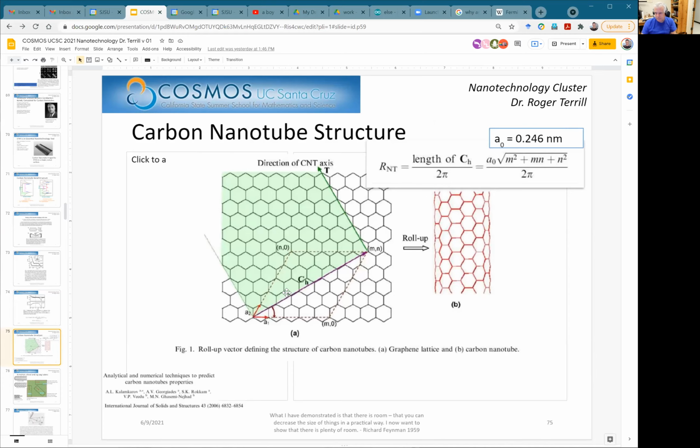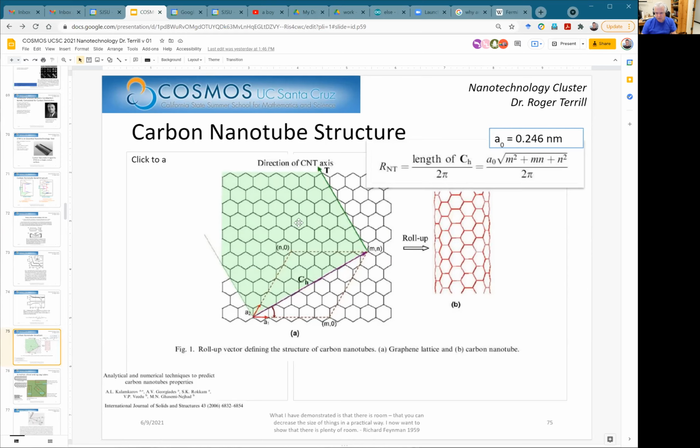Think about this vector right here, this purple vector. And this chicken wire in the background, at each intersection point, there's a carbon atom. And each piece of wire in the chicken wire is a carbon-carbon bond.